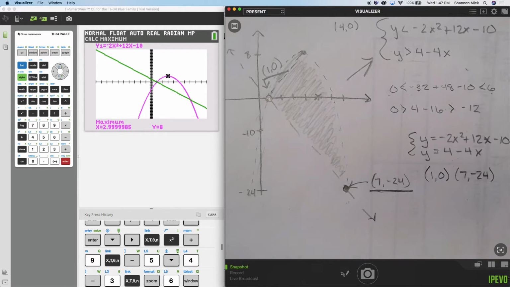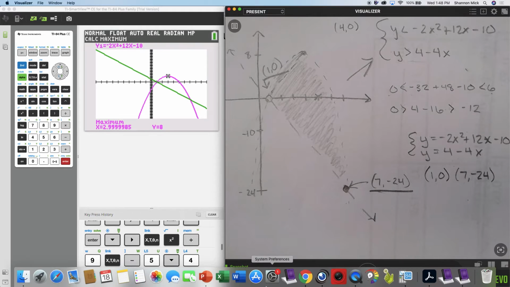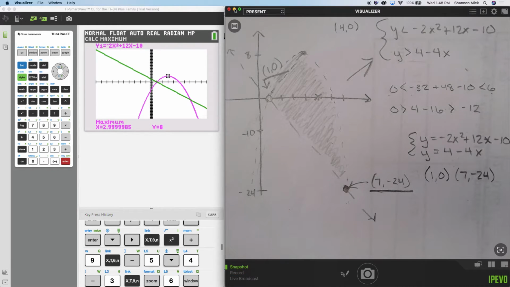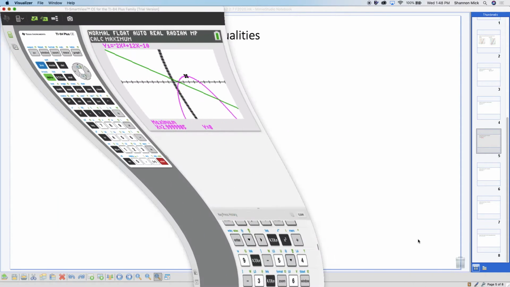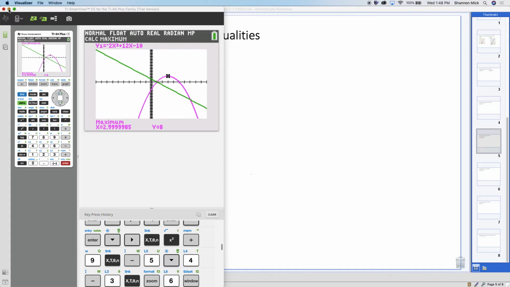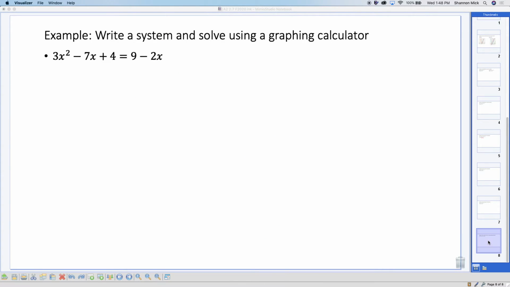Okay. Now, I have one more. I have like 5 examples, but I think one more probably could do it because I think the only thing you need to practice is the calculator, right? So an example of what you're going to see in your assignment is something like this. It says write a system and solve using your graphing calculator.